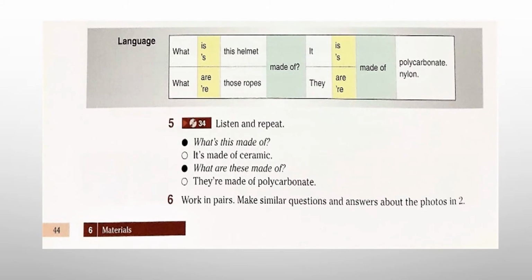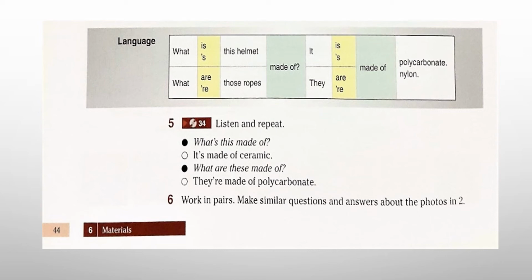Okay, now if you remember the question I asked you about the spark plug, I asked you what it is made of. So in this part of the lesson, we're going to learn how to ask about the material something is made of. Let's look at the upper part of the table here.